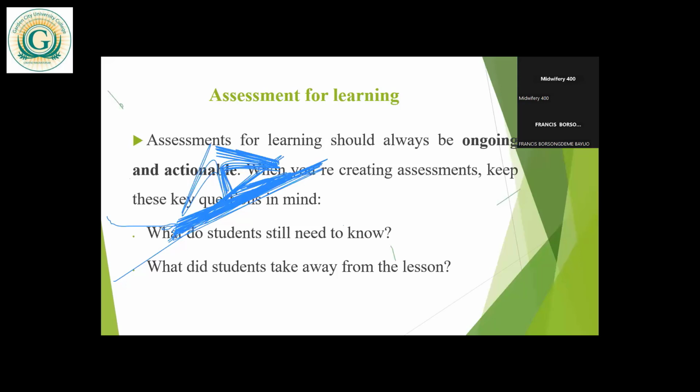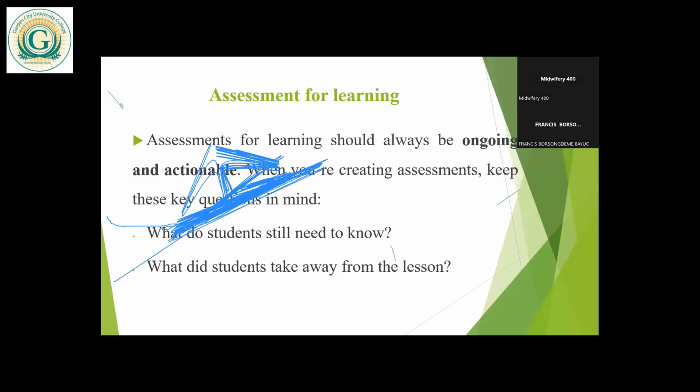In the process of doing your teaching, you come in with that particular assessment. So if I use questioning, for example, questioning is a form of assessment, and questioning is an assessment for learning.